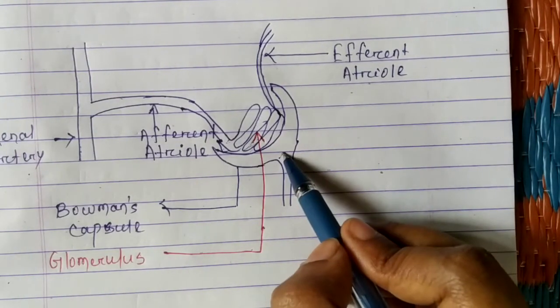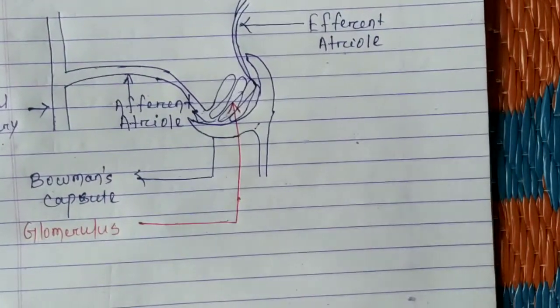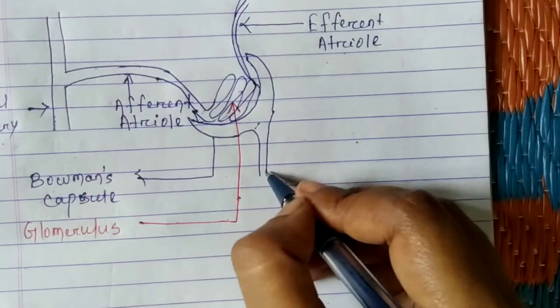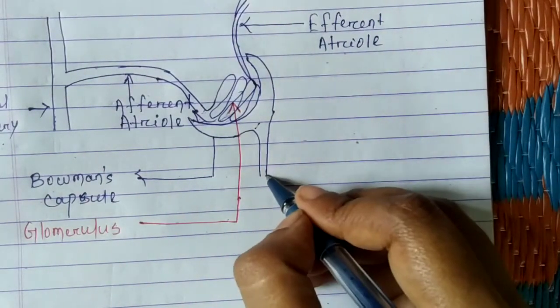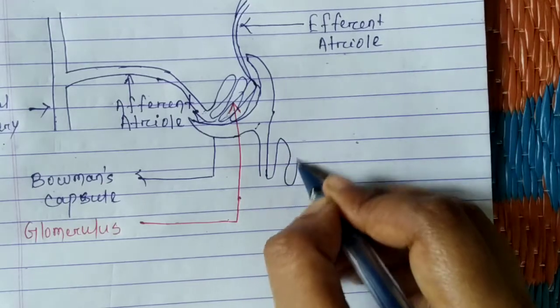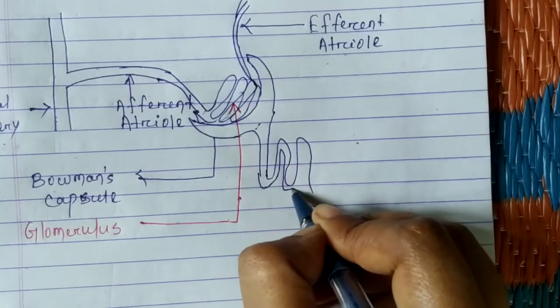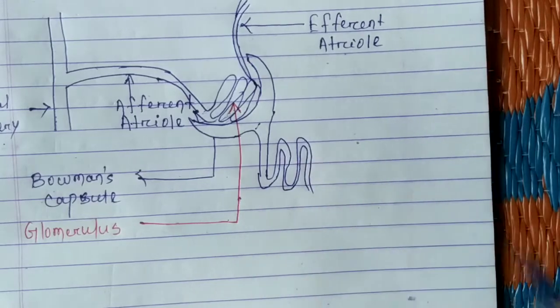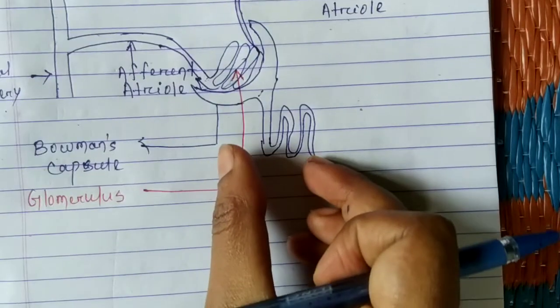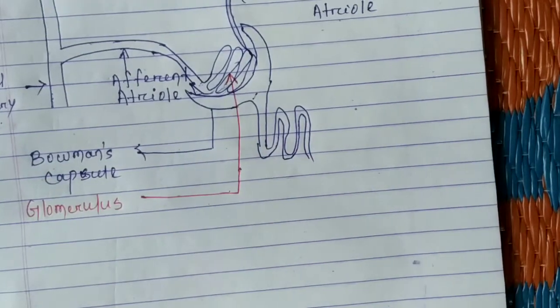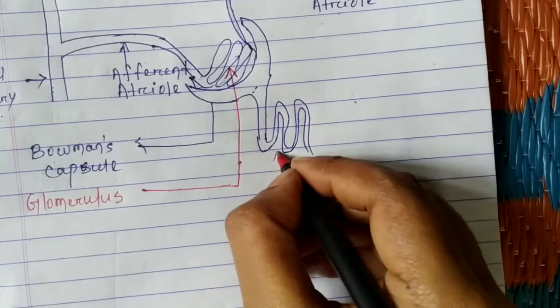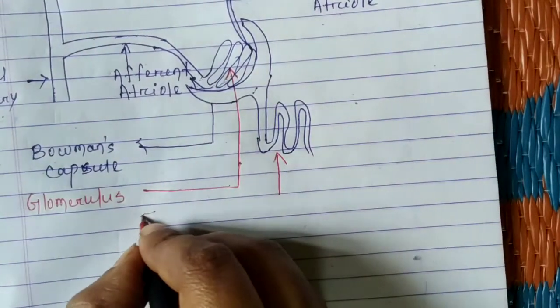Now this Bowman's capsule forms a tube-like, coiled structure like this, and this coil-like structure is known as proximal convoluted tubule.